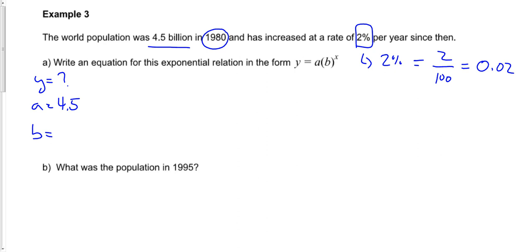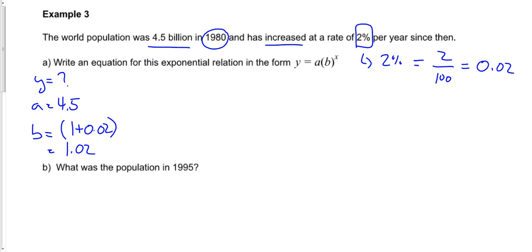So if we want to figure out what the b value is, we know that it's going to be increasing because it tells us that it's an increasing value. Then we know that the b value is going to be 1 plus the increase rate. So in this case, 1 plus 0.02, which is equal to 1.02 if I simplify it.